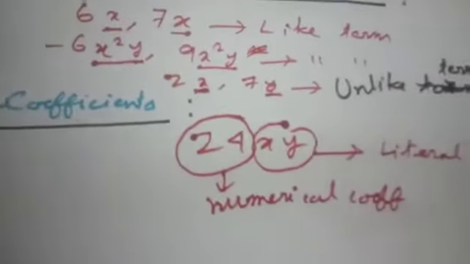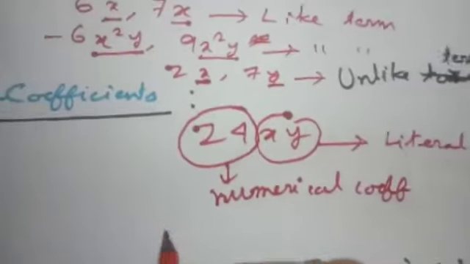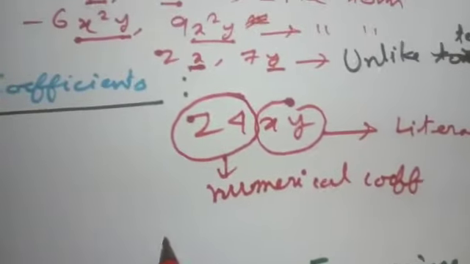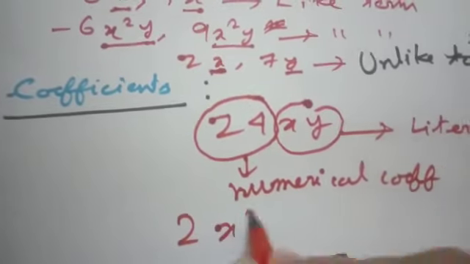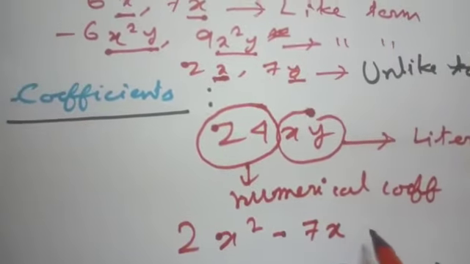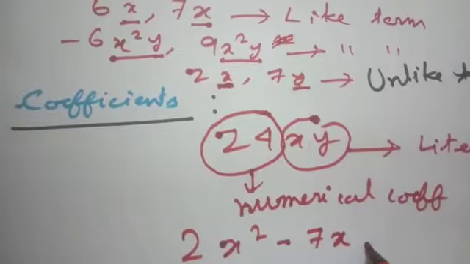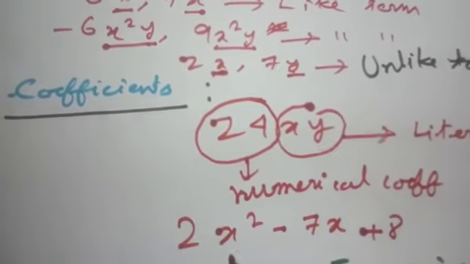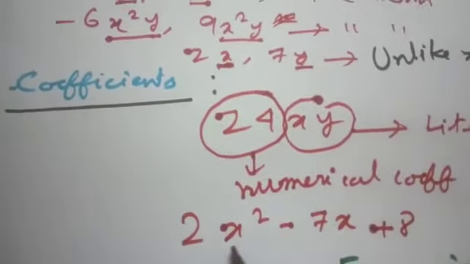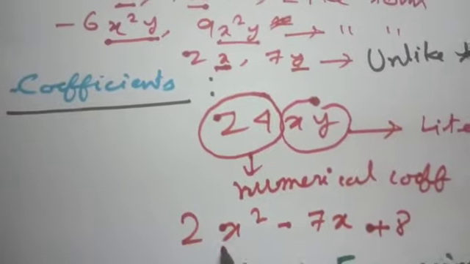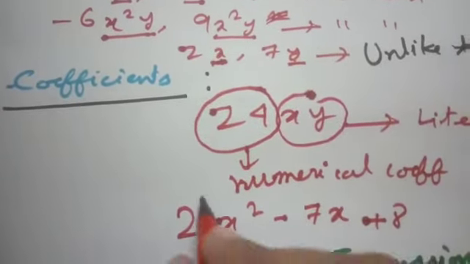And we give another example. So let's see an example. 2x square minus 7x plus 8. Here the literal part is x square, so the coefficient of x square is 2.